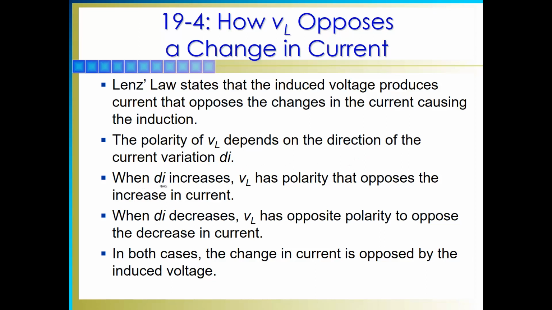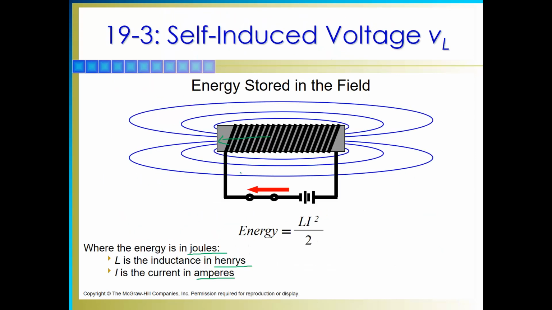So when the current increases, the VL, or the induced voltage, has polarity that opposes the increase in current. And when the current decreases, then the voltage has opposite polarity to oppose the decrease. In other words, this guy is never happy.